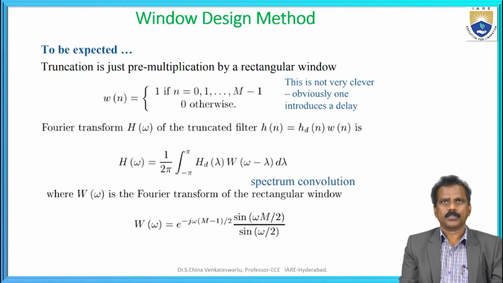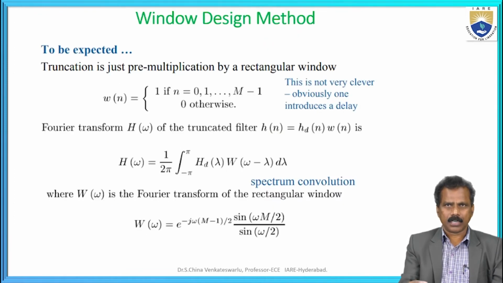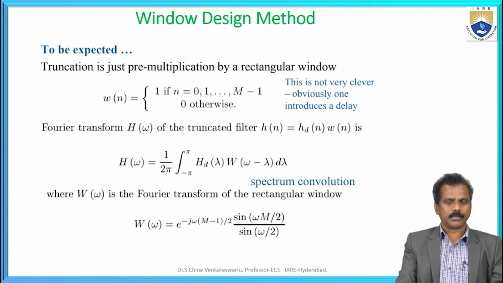So with this, now coming to the windowing design methods, we expect some result without error. But other than without error, the other option is that the output response should be optimum. Truncation is just pre-multiplication by a rectangular window.